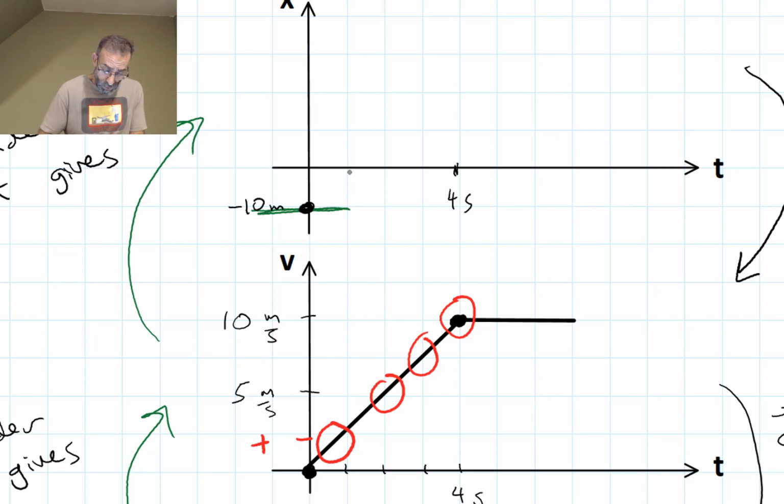At 1 second, the slope is going to be positive and small, and then it's going to be a little bit bigger, and eventually it's going to be a very large positive number, 10. So our graph in this segment between 0 and 4 seconds is concave up.